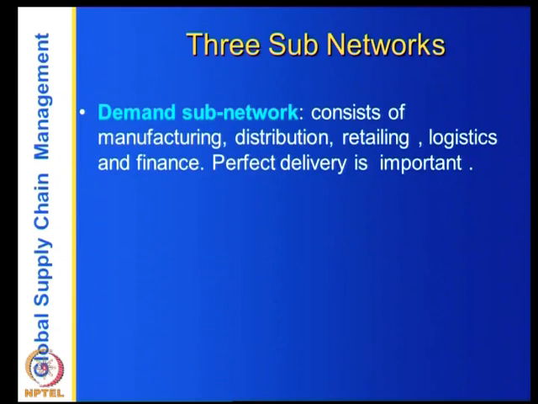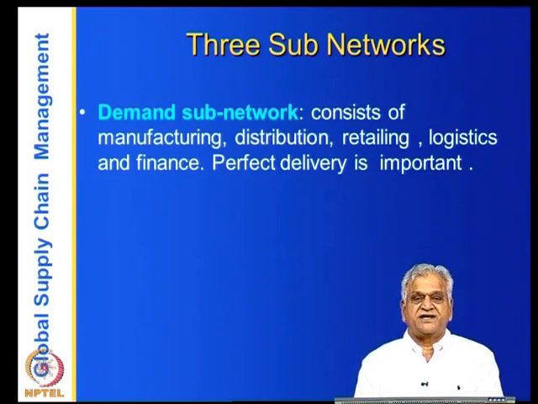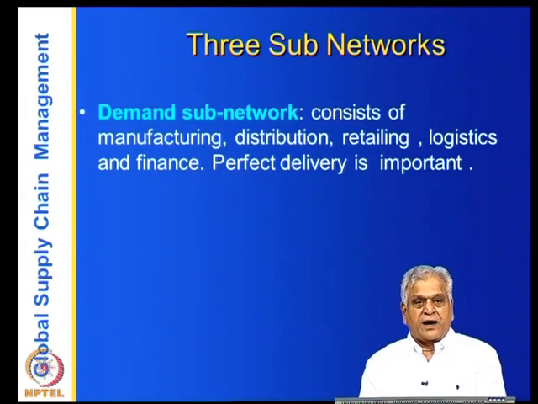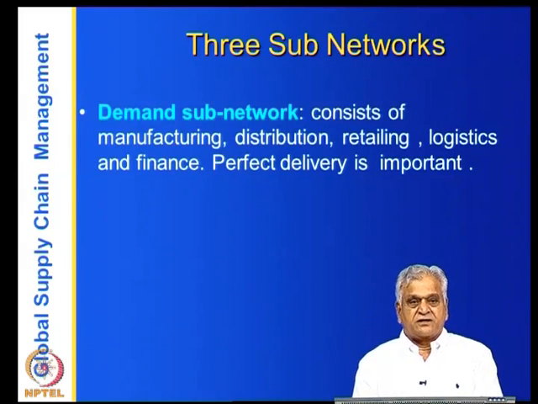And there are three subnetworks, as I said. One is the demand subnetwork. It has manufacturing, distribution, retail, logistics, finance. And here there is what is called perfect delivery. Perfect delivery is what is called Six Sigma delivery. Six Sigma is: if the customer makes an order, there could be several things which can make him unhappy.